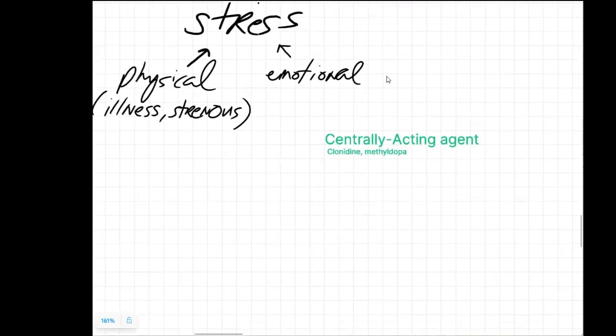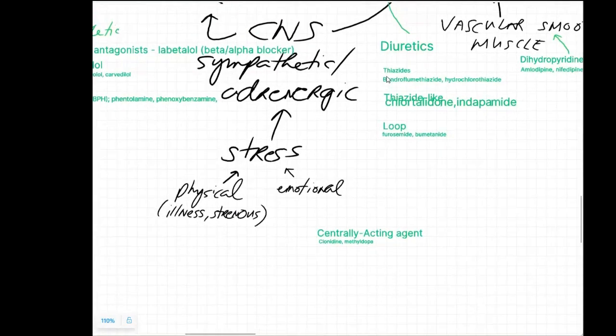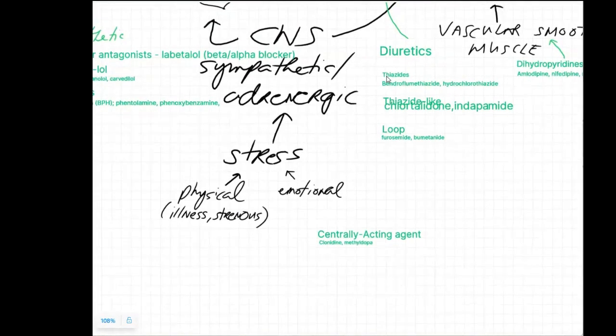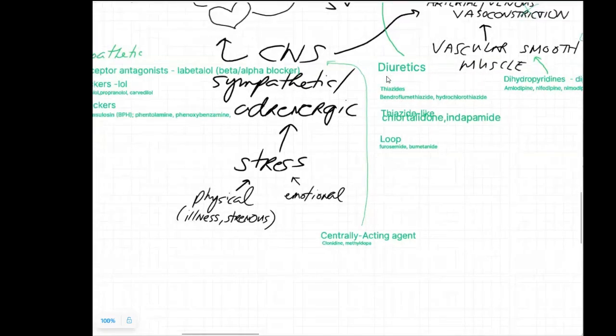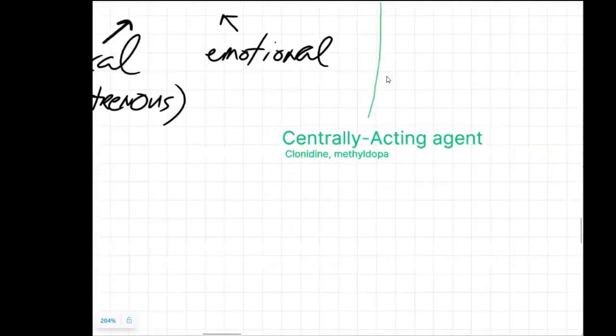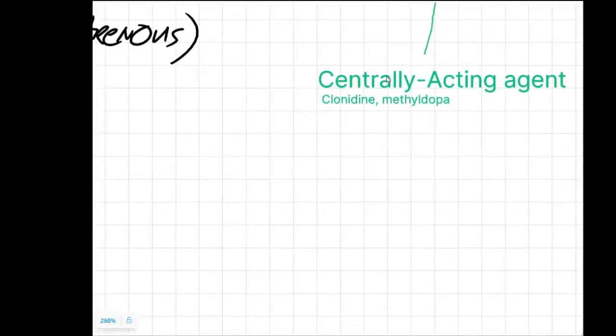And so it affects the CNS. So because it affects the CNS, it causes lethargy. Okay, so the patient becomes drowsy as a side effect of centrally acting agents. They become lethargic due to CNS depression.